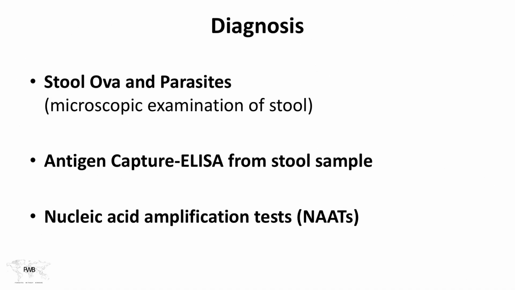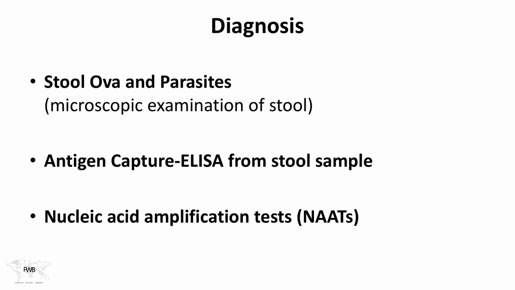We moved next historically into the antigen capture ELISA, and this was originally for Giardia and a second pathogen where we could start looking at antigens in the stool. Presently, we're at, I would say, the most sensitive of these modalities, which is nucleic acid amplification tests. This allows us to have the highest degree of sensitivity for diagnosing this infection.